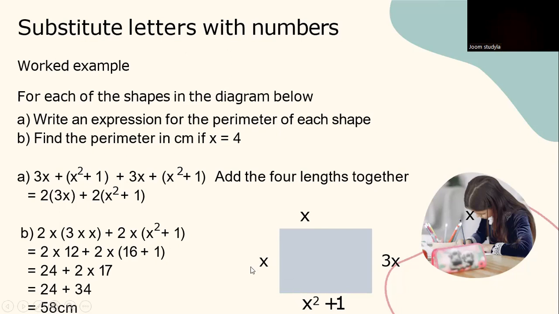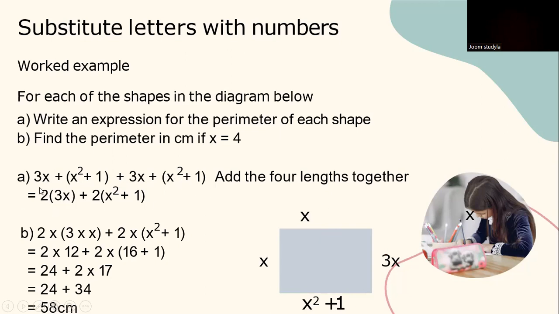Okay, so this is a slight typo, whereby this is not x, this is 3x, and this one is x to the power of 2 plus 1. So the total length would be 3x plus x to the power of 2 plus 1 plus 3x plus x to the power of 2 plus 1.